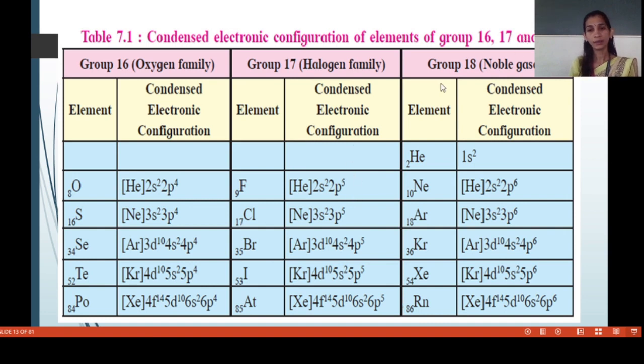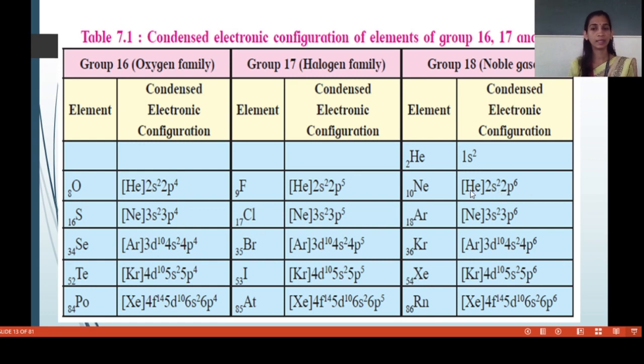Now the next group number 18, that means noble gases: helium, neon, argon, krypton, xenon, radon, etc. Helium has atomic number 2, therefore 1s2, the first shell is completely filled. Next is neon, containing 10 electrons, distributed as 1s2, that means helium 1s2, then 2s2 2p6.